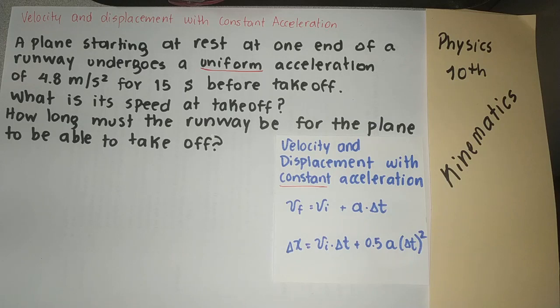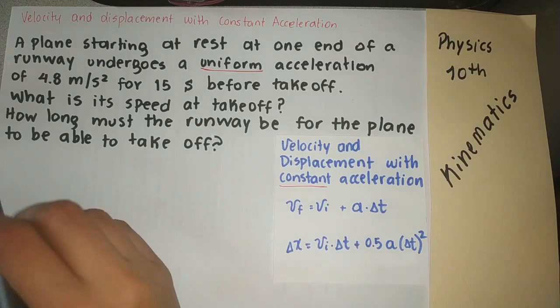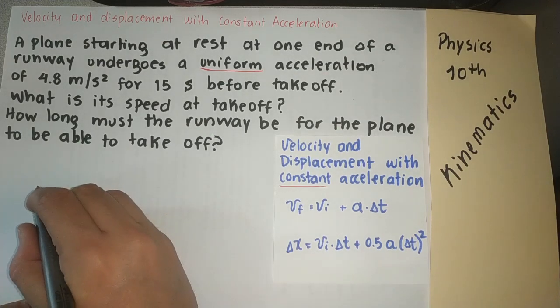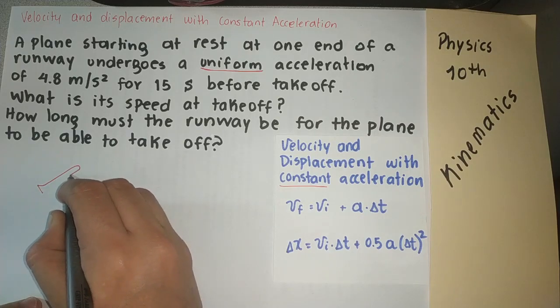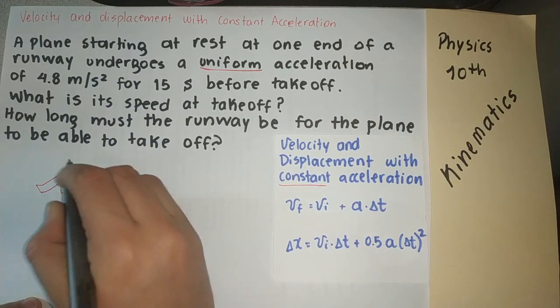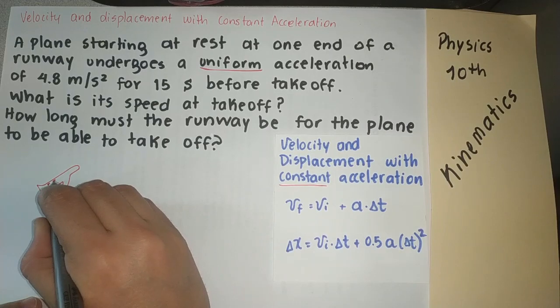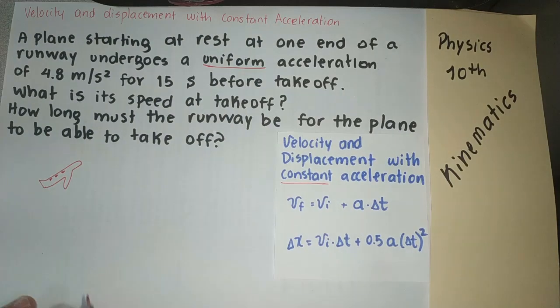Now, what do we need? First of all, we need to understand the problem. We're talking about a plane. I'm not very good at drawing, but I'm going to draw a plane over here. Look at this, amazing plane. Let's say that's a plane.